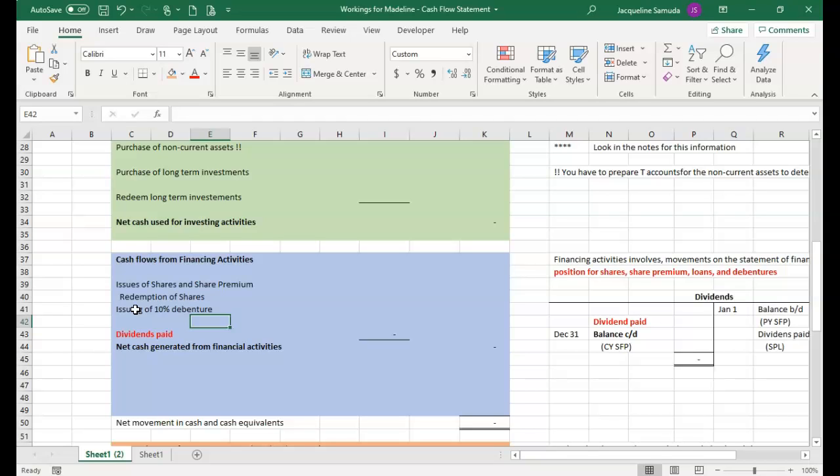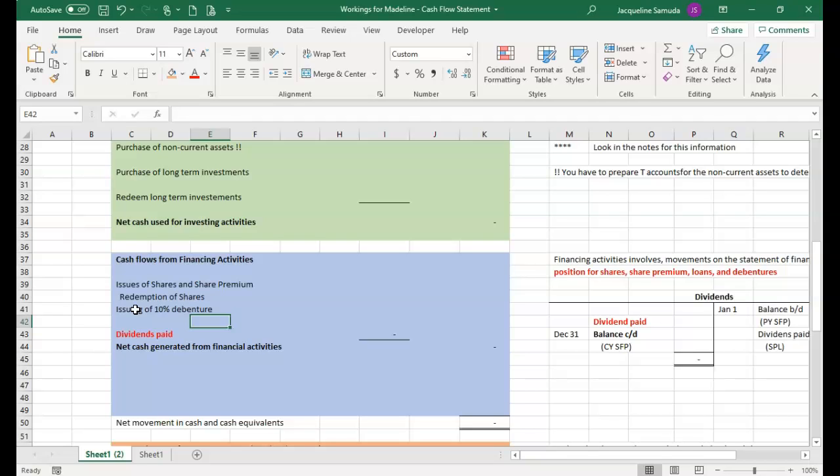It's called a debenture instrument, a piece of paper to say, listen, you now are going to give us money and we will turn around and pay you interest. All that information will be on the debenture document. So when a company issues debentures, what they're basically doing is getting cash into the business to use.